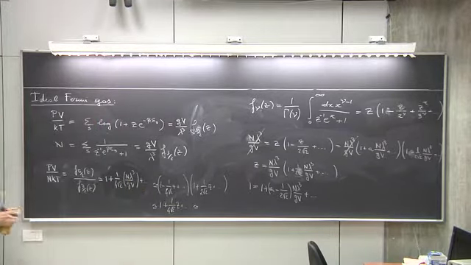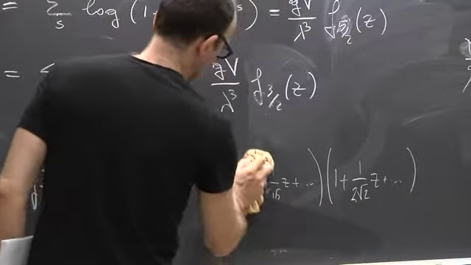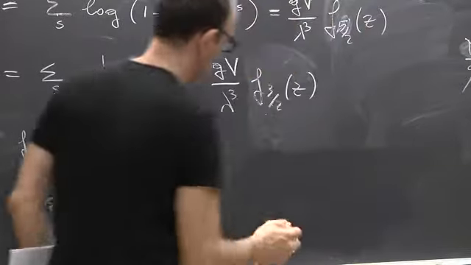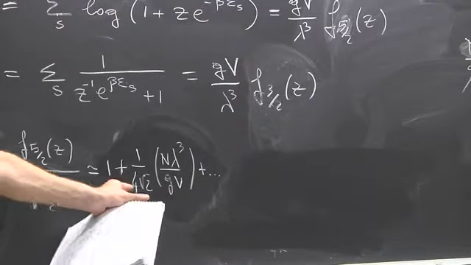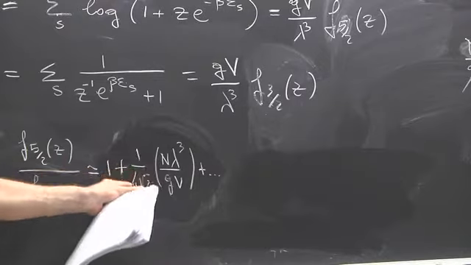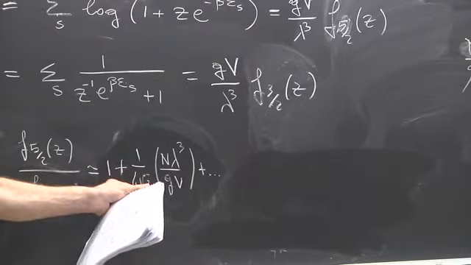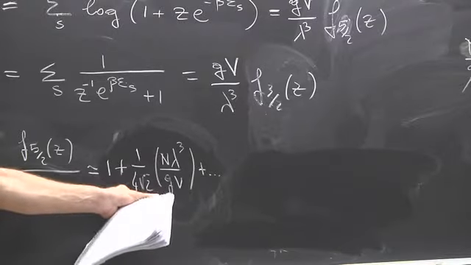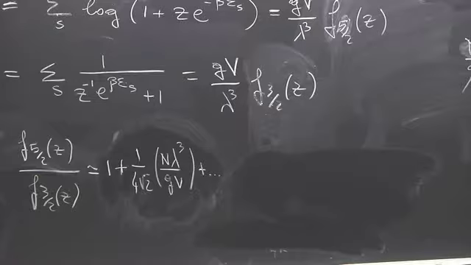So you see, in contrast to, if you remember, the Bose gas, this is the first coefficient of the virial expansion. That coefficient was negative.